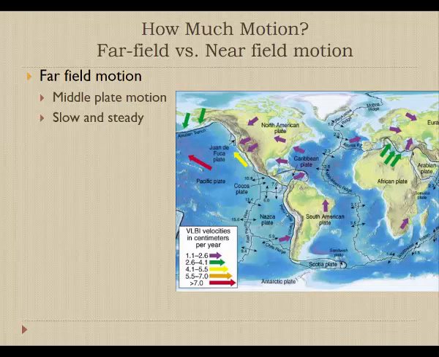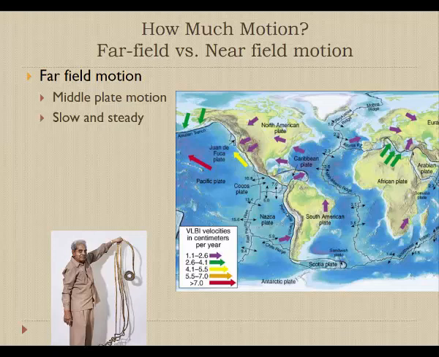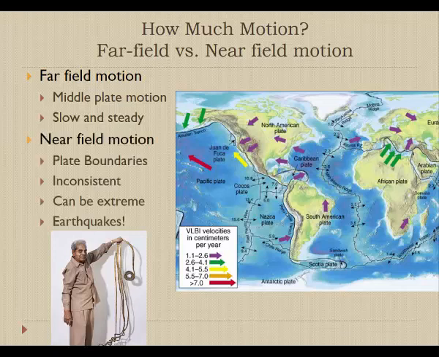However, that's different than what we would see in the near field motion. So near field motion is motion that occurs along plate boundaries. So this is on the exterior of plates where one plate is meeting another. And compared to far field motion, this motion is very inconsistent.